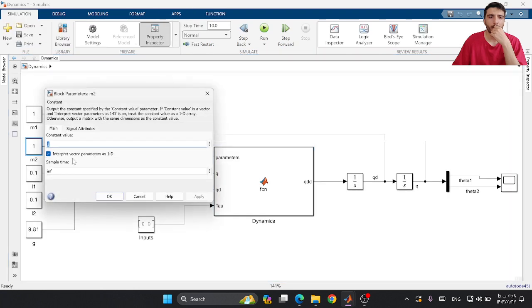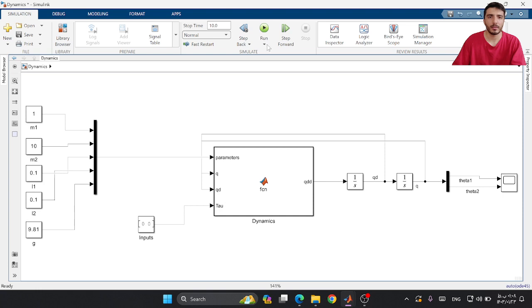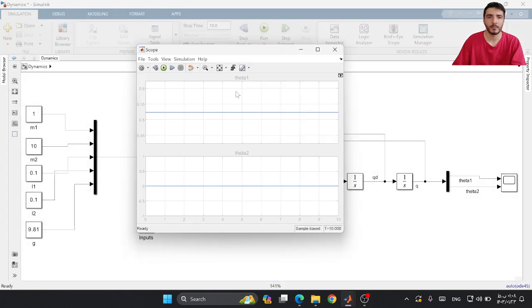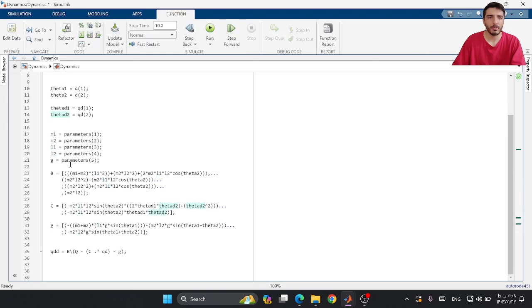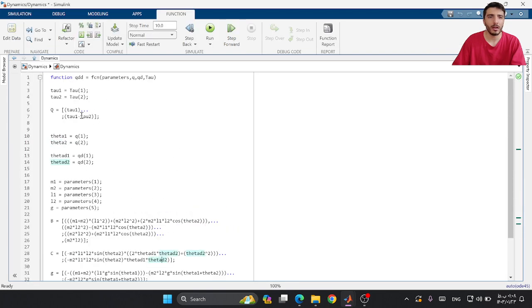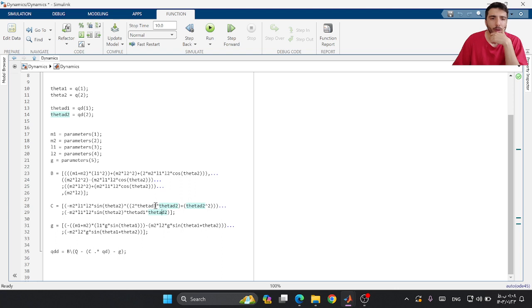Let's change some parameters here. For example, the second one is 10 kilograms. Something is wrong here, I think, because maybe we have a problem in our equations here.